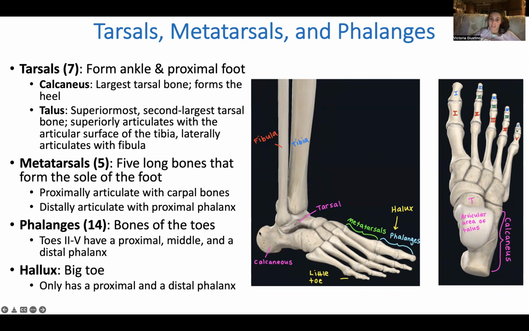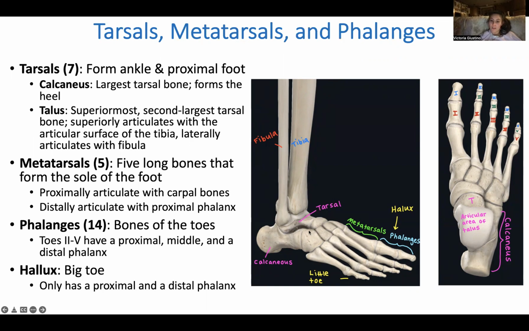It's pretty big. It forms your heel. So if you can feel your heel, you can feel your calcaneus. And then obviously your talus forms the superior most proximal region of your foot. And like I said, like 5 times, it articulates with both the fibula and the tibia at the talocrural joint.